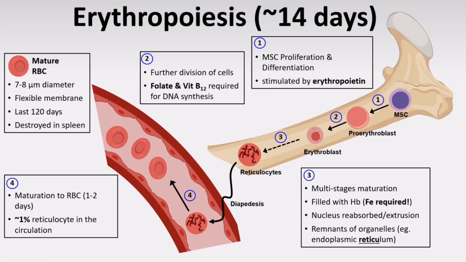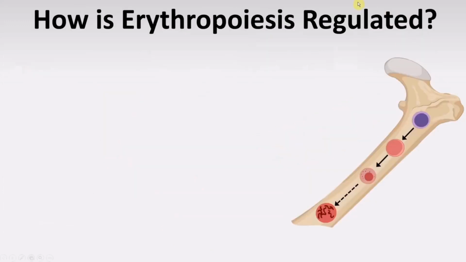Now, what we are going to discuss next is how exactly erythropoiesis is being regulated. And this is important because, as you learn from Dr. Natasha's lecture on homeostasis, all physiological processes always strive to maintain a physiological balance, and likewise for erythropoiesis, there's always a need to make sure that the amount of red blood cells in the bloodstream is always maintained at a sweet spot, at an equilibrium that meets the oxygen need of the body.